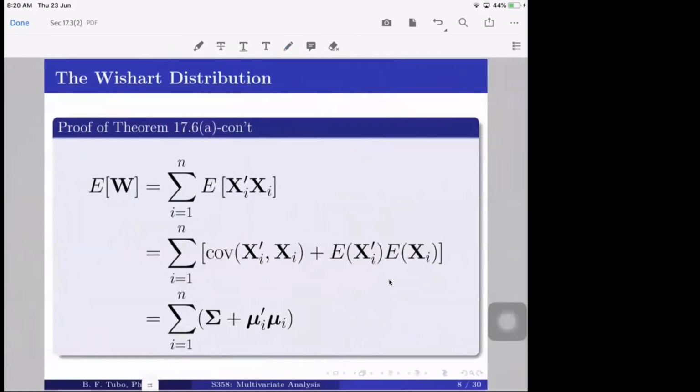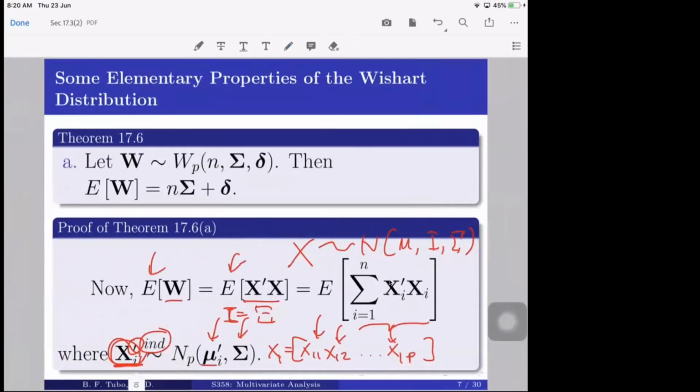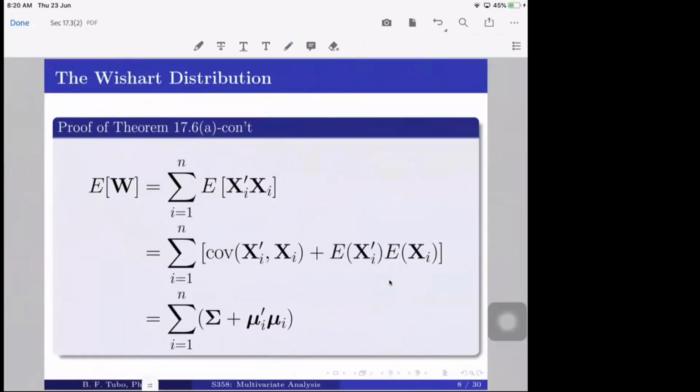Okay, so we have this. From here, you have the expectation of the summation of xi prime xi, but expectations and summations can be interchanged. And then you have a result in chapter 3, lemma 3.1.